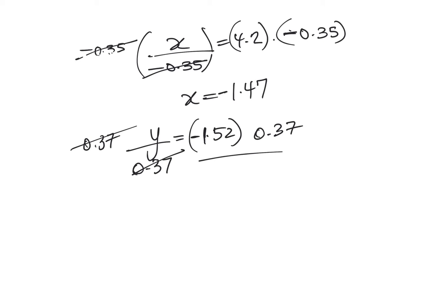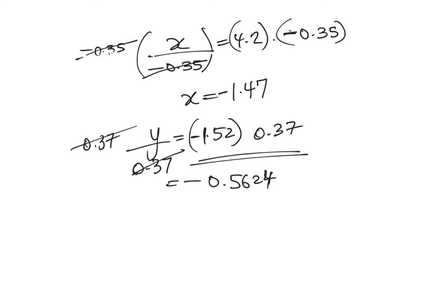And then you just simplify this answer, which would be 0.37 times 1.52. Of course, the negative stays, so it's negative 0.5624. So you use the same principle for solving equations you've learned through the course to add, subtract, multiply, divide.